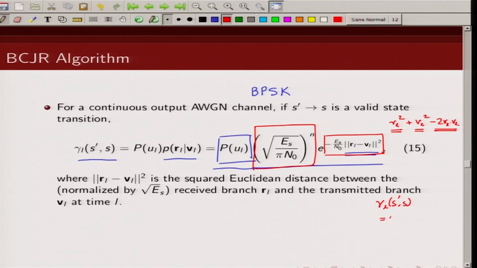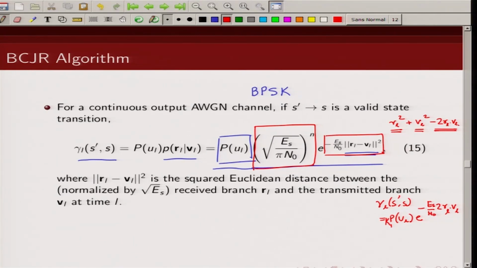It is basically the probability of U L and exponential of minus Es by N naught times 2 R L V L. So it becomes a dot product between the received sequence and the transmitted code word V L. And of course, there is some constant term k 1 which is common.